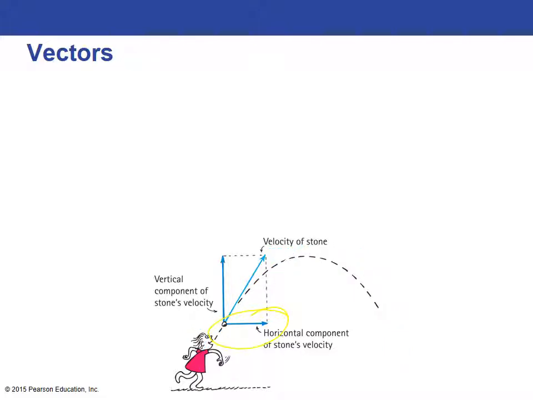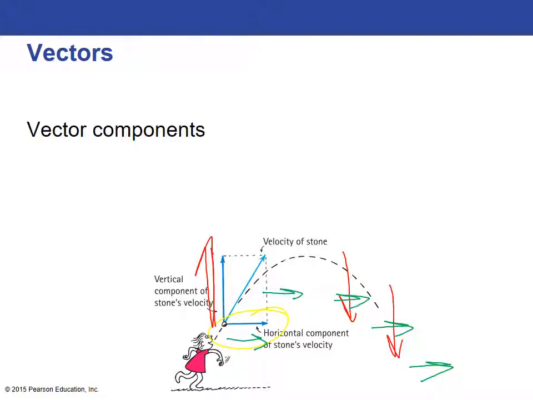If we take these vectors and divide them into both their vertical component, which is going to be up or down, and its horizontal component, which is not changing because there's no new force acting on it that way, then we can make better sense of calculating things that are going on with motion.